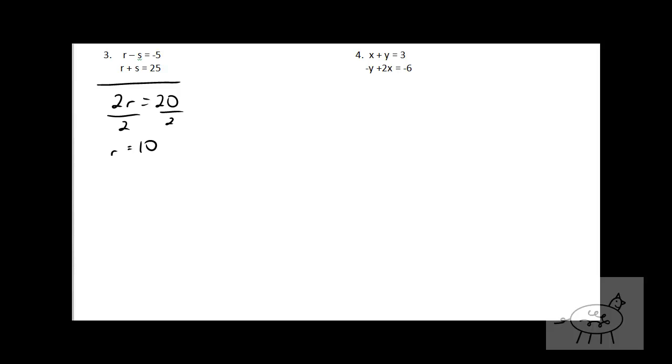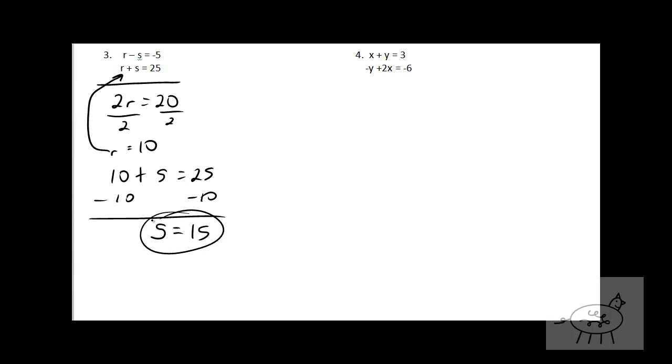Again, I'm probably going to plug it back into the second equation, less negatives. So I'm going to plug that back into that R right there. So I get 10 plus S equals 25. And subtract 10. I get S equals 15. Okay, so there you go. 10 and 15. Pretty easy.